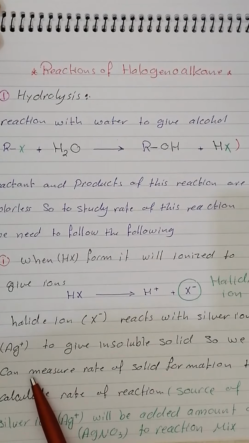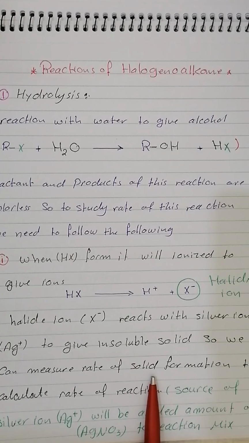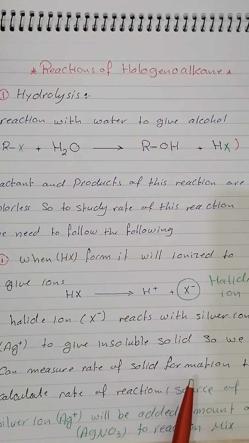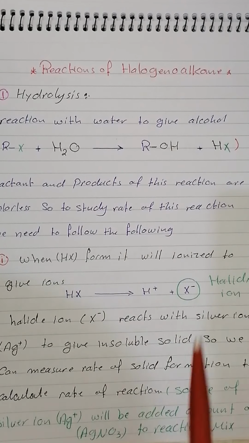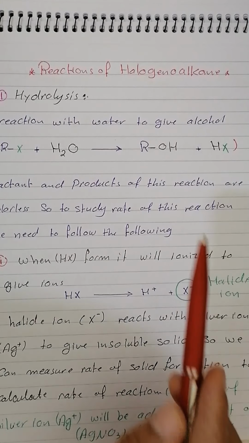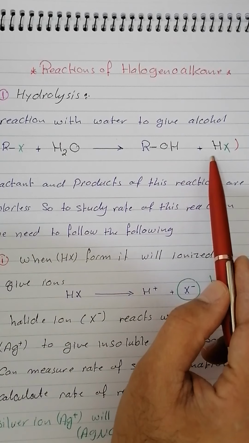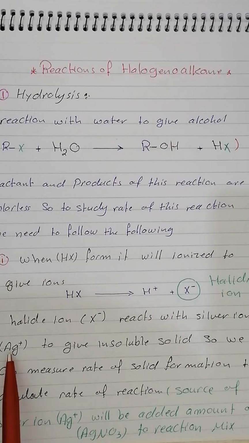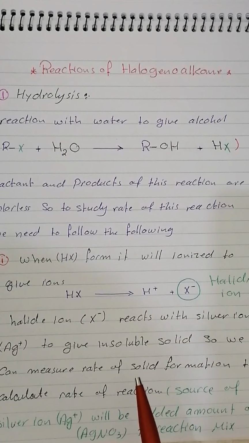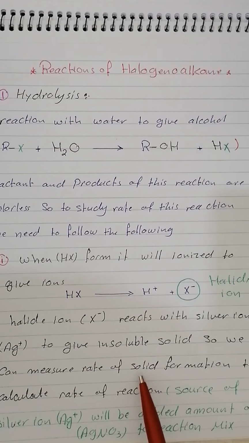We can measure the rate of solid formation. We will find the rate of solid formation to calculate the rate of reaction. As halide forms, which comes from this reaction, it will react with silver ion, which will be added to the reaction mixture, and form an insoluble solid.